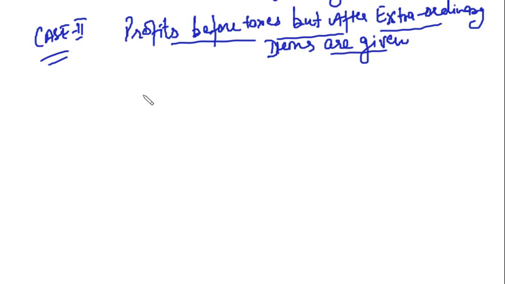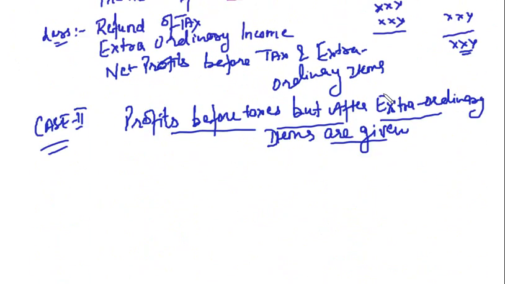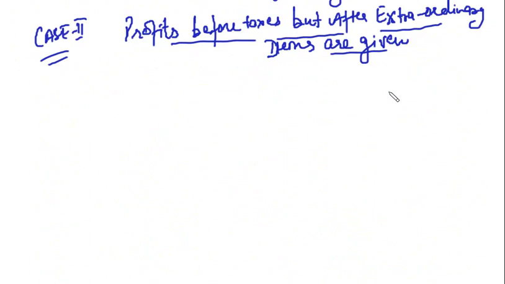Now, how to calculate that? You will say, sir, we have the profits before taxes, so nothing to do, right? But what we need is net profits before taxes and extraordinary items. So we will have to give effect to the extraordinary items.